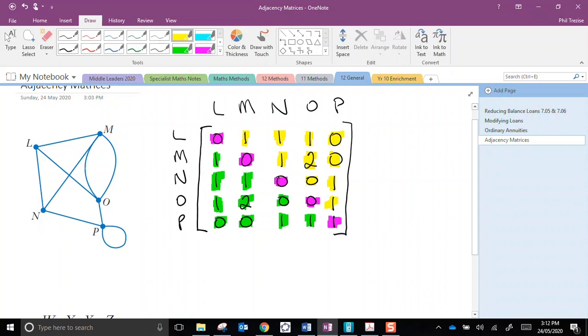Now that leads to probably a bit of a strategy. If I were doing an exam and I wanted to draw this adjacency matrix, I went row by row by row, but I actually did twice as much work as I needed to. I could have started with the lead diagonal. There's no loop there, no loop there, no loop there, no loop there.